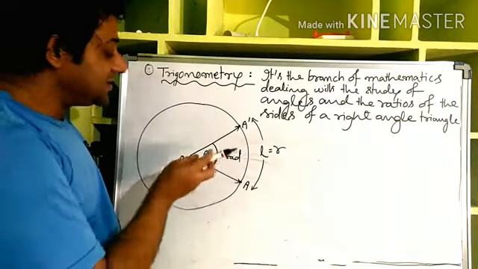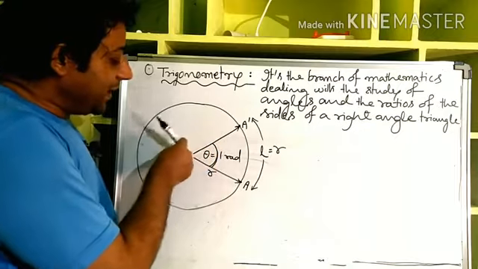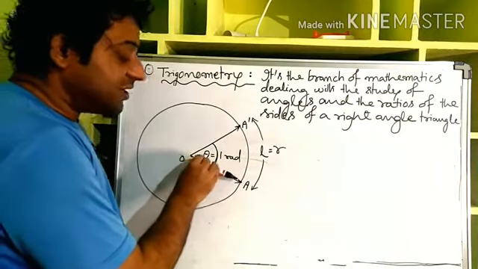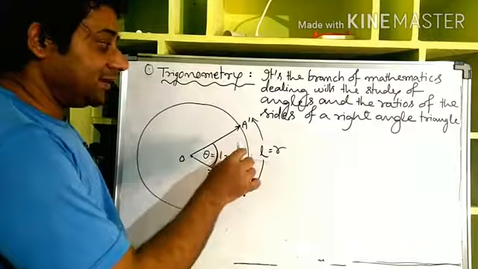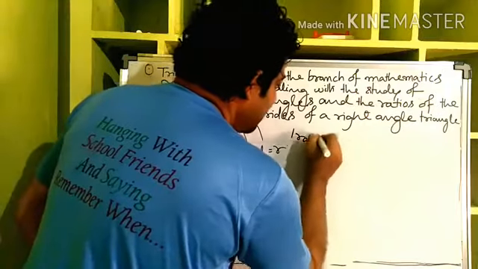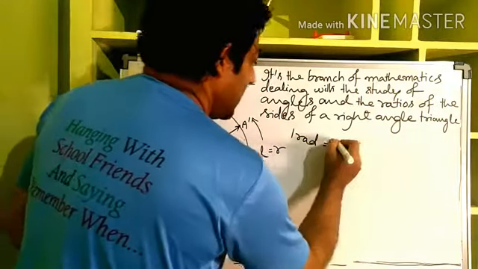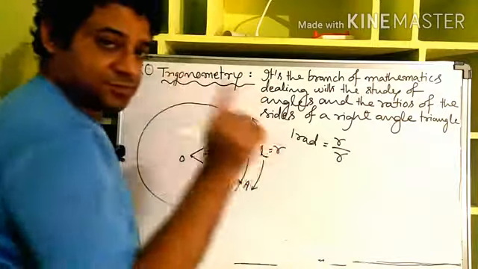And experimentally it is seen that when it rotates through 2 pi radians, it comes to the same point again. So 1 radian is equal to R by R, so 1.